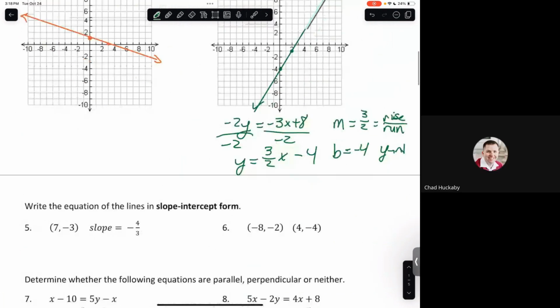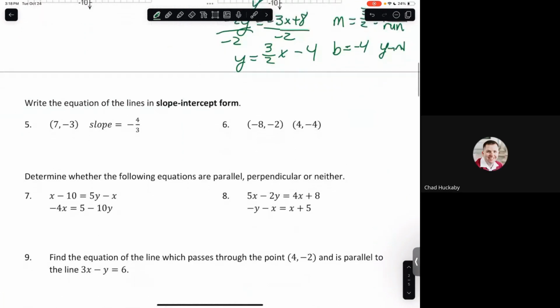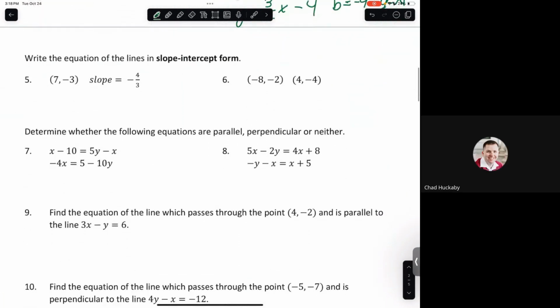Okay. So our next questions are to write the equation of the lines in slope-intercept form. So remember, slope-intercept is y equals mx plus b, and we've been given a point and the slope.